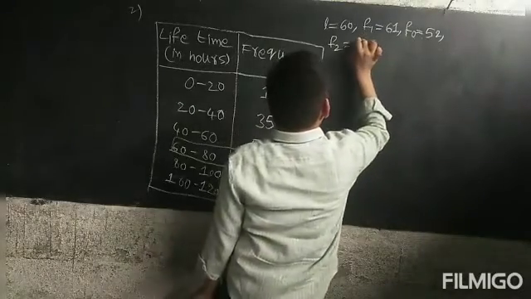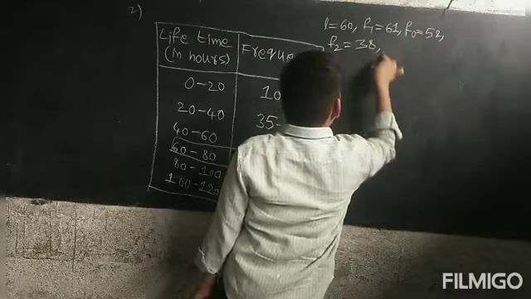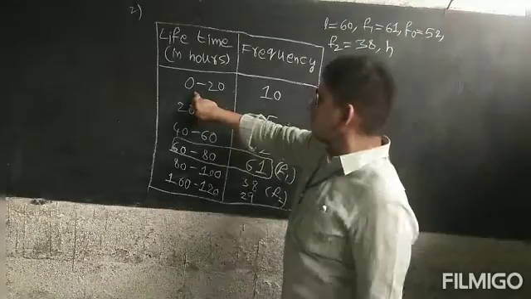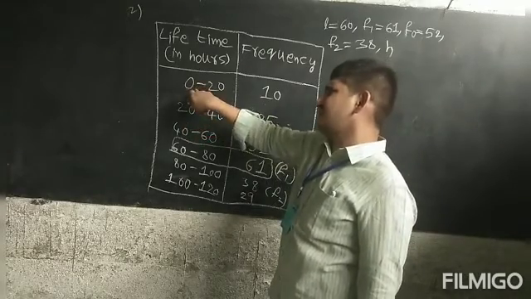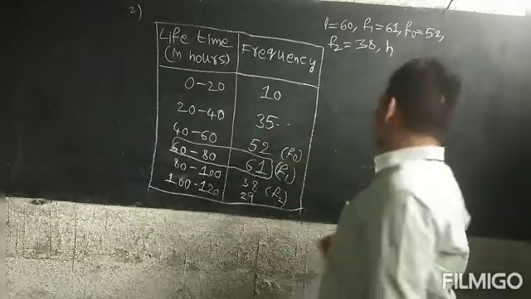Now H equal to what? The difference between class limits, since we have only two classes: 20 minus 0 is 20, 40 minus 20 is 20. So H equal to 20.